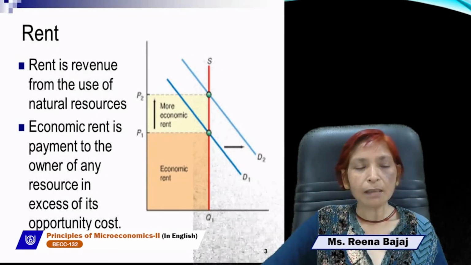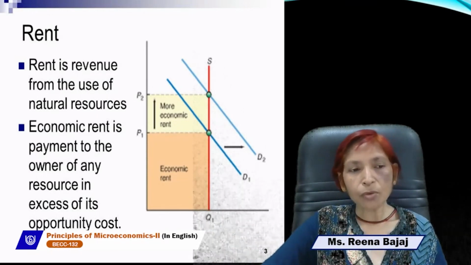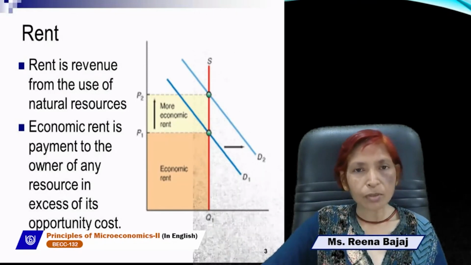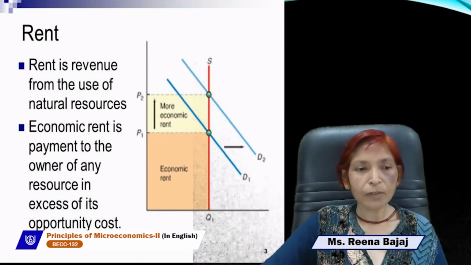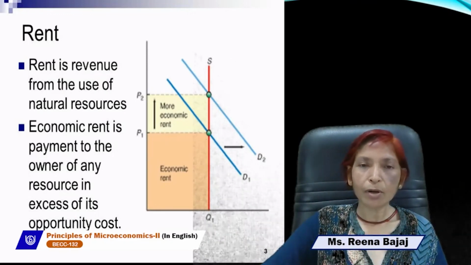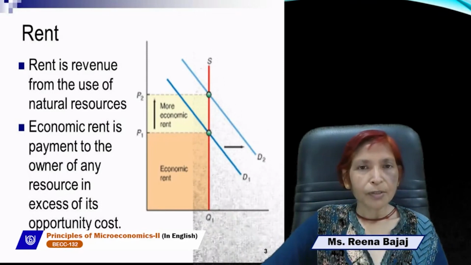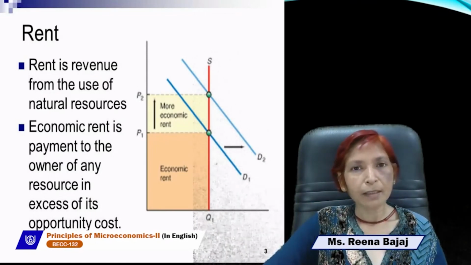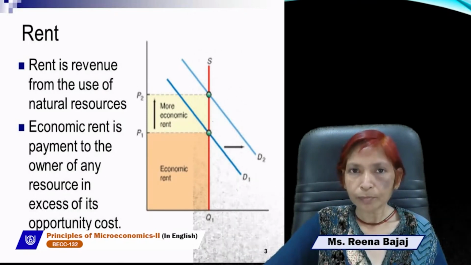So rent is a revenue from the use of natural resources, like land, which is provided by nature free of cost. This rent theory was first introduced by David Ricardo.